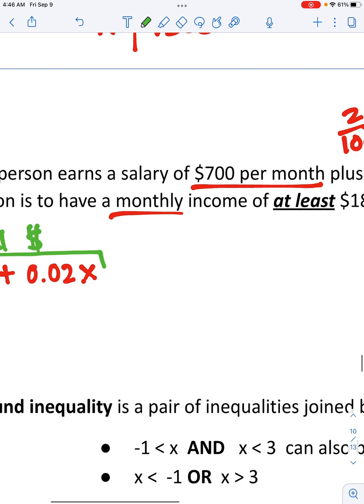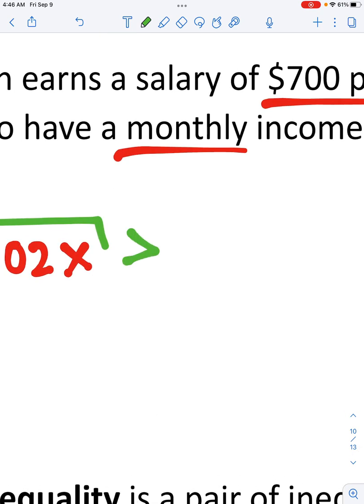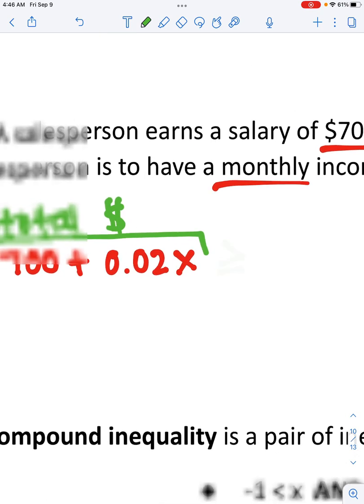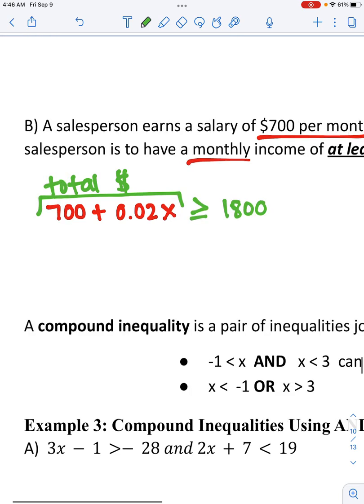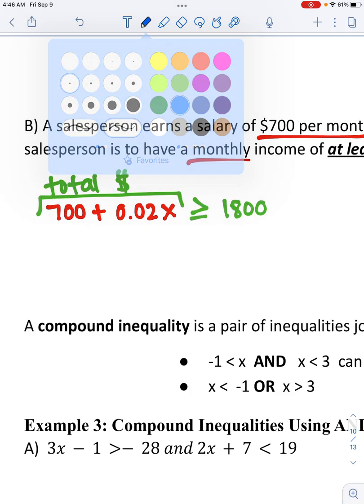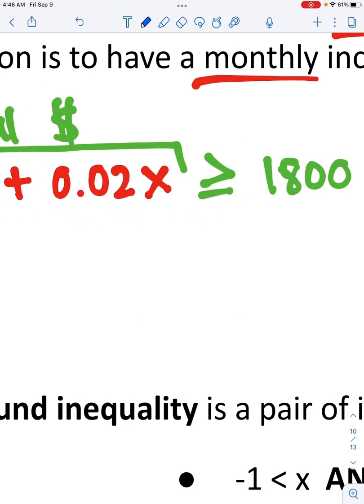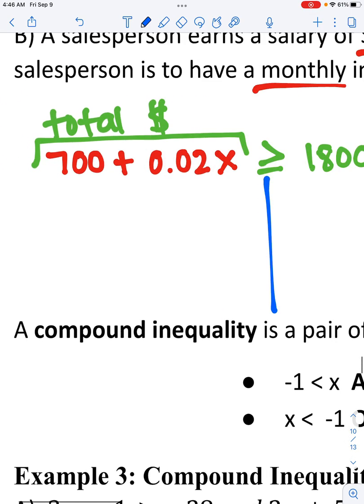So at least 1,800 means I want to make 1,800 or more. So my total money when comparing to 1,800 would have to be greater than or equal to. And then we would solve that to figure out how many sales are necessary to make this happen. So subtract 700.